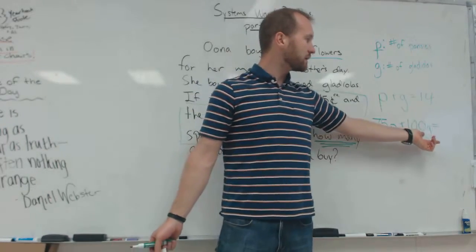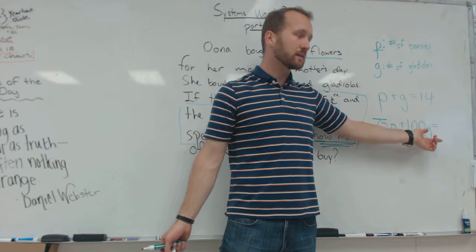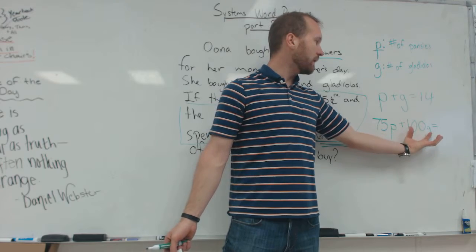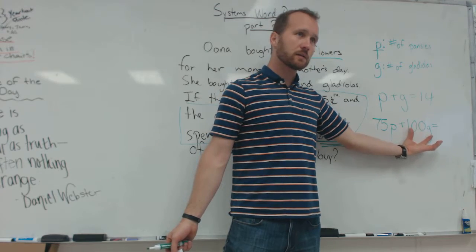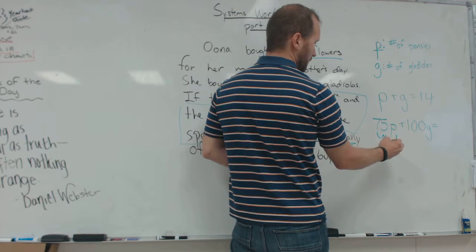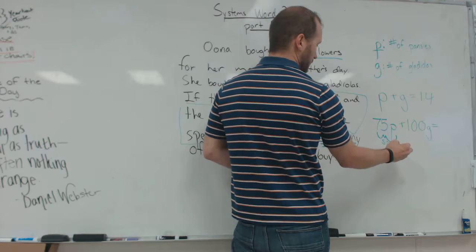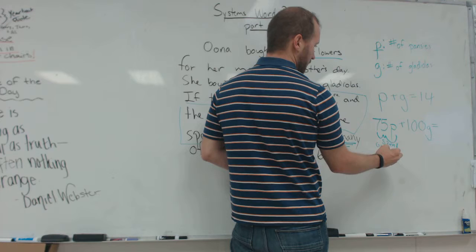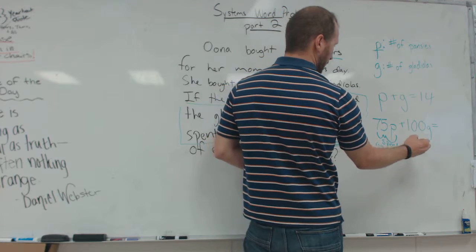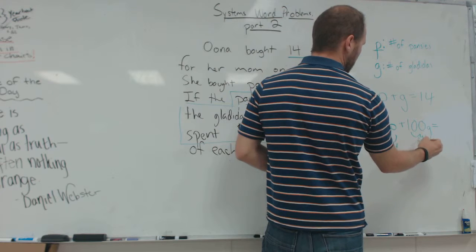And if we take the cost of a gladiola, 100 cents, times the number of gladiolas, which is G, we get the amount that she spent on gladiolas.